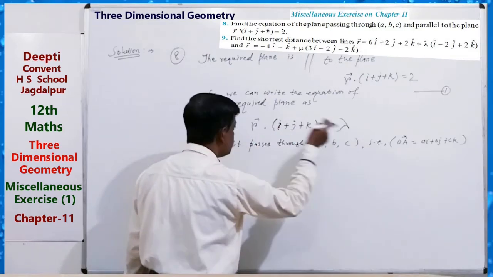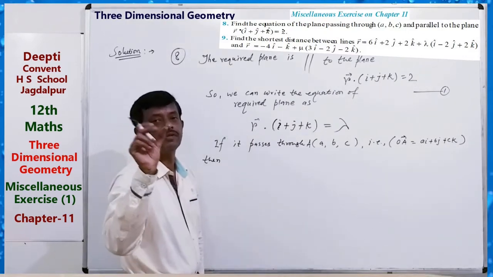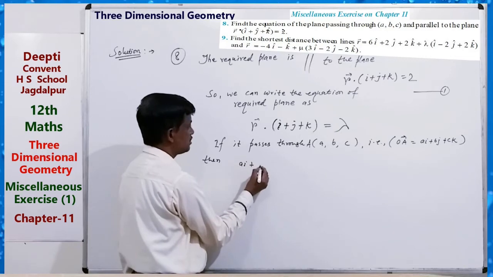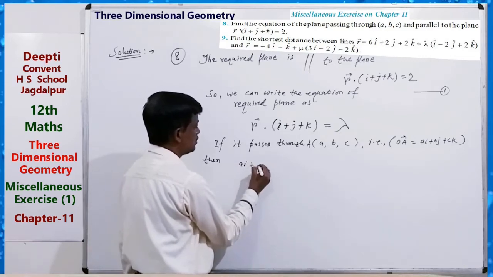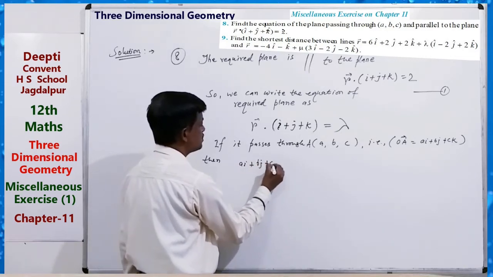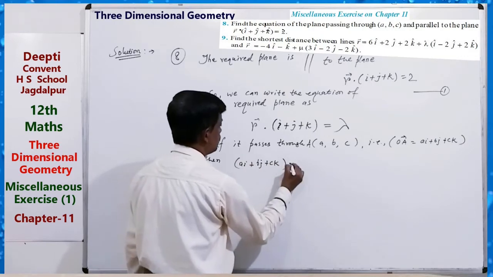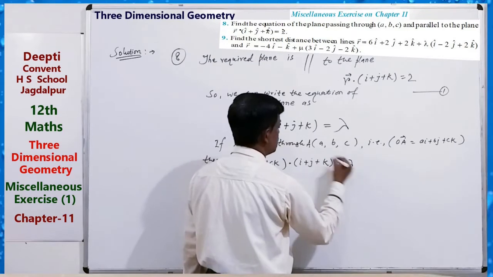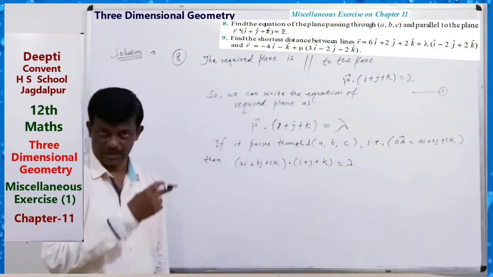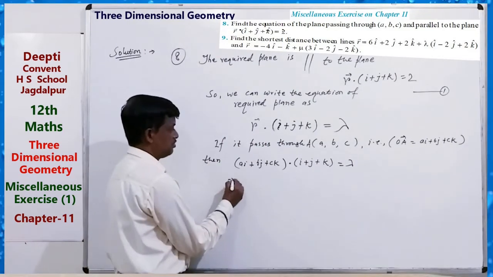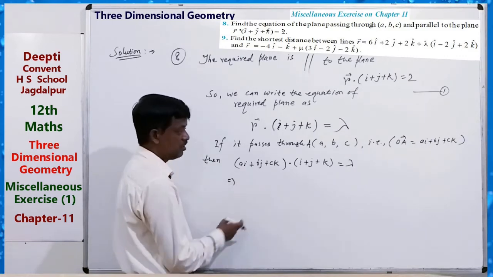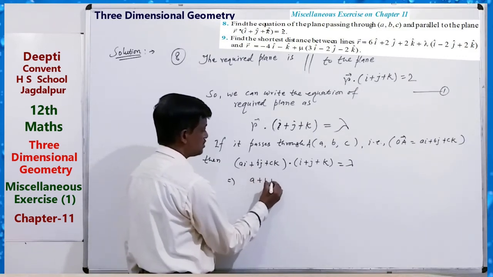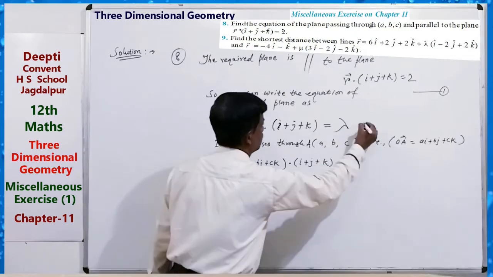That means OA will satisfy it, where r is an arbitrary vector. Here, just write ai plus bj plus ck dot i plus j plus k equals lambda. From here we can get the value of lambda. Just take the dot product, so a plus b plus c equals lambda.